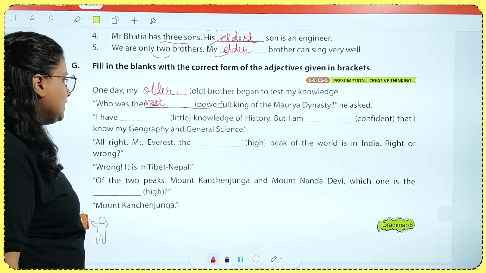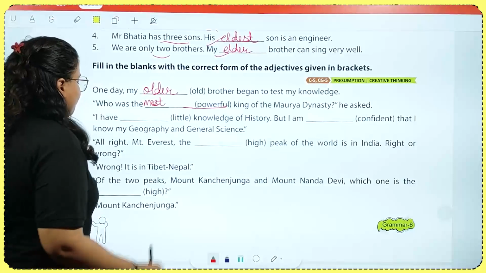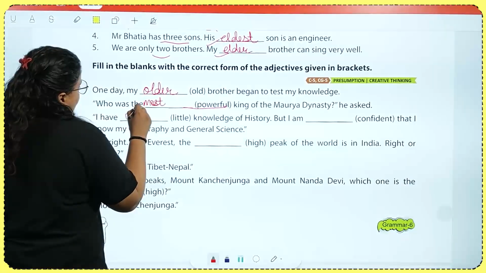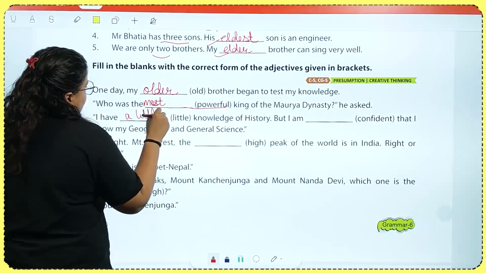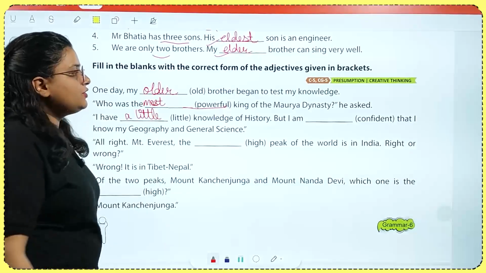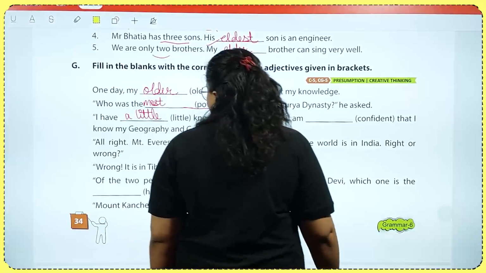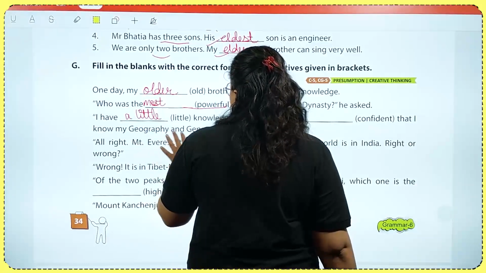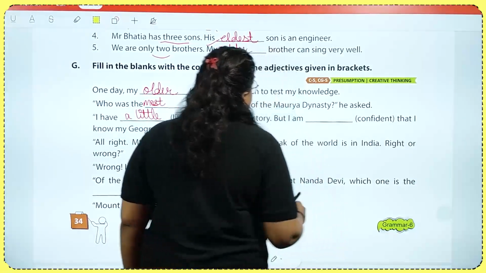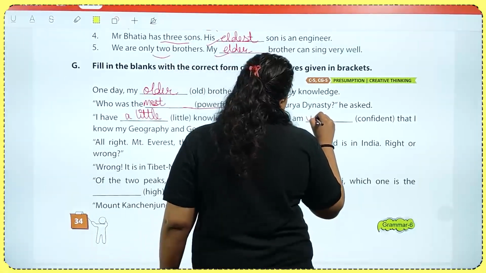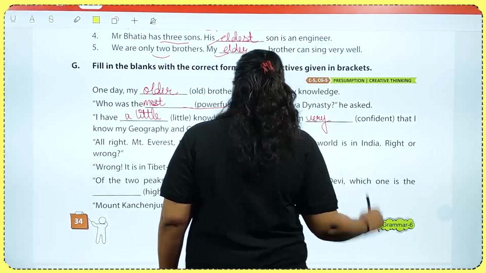I have dash knowledge of history. I have little knowledge of history, but I am dash confident that I know my geography and general science. I am very confident.